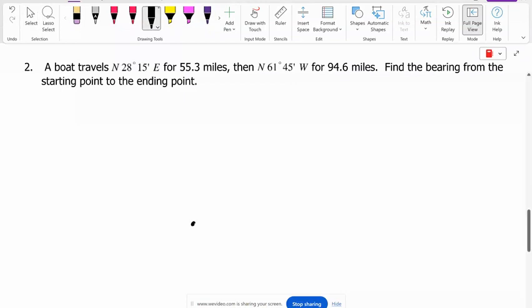So here's my start point, and we are traveling northeast. So I have my north and my east, and this will be my middle point. So now we are traveling northeast for 55.3.